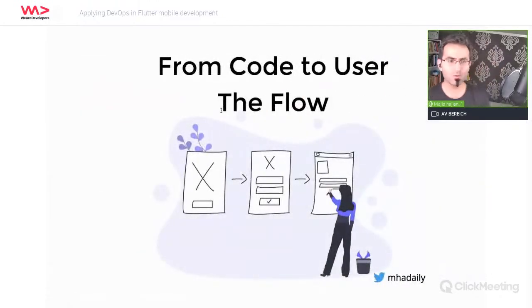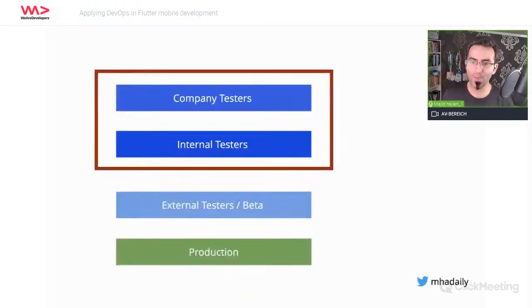So the first thing that we want to talk about is how we move our code to our user, the things that we can do to create this flow. Mainly when we are talking about our end user or our customers, we're talking about several different customers.